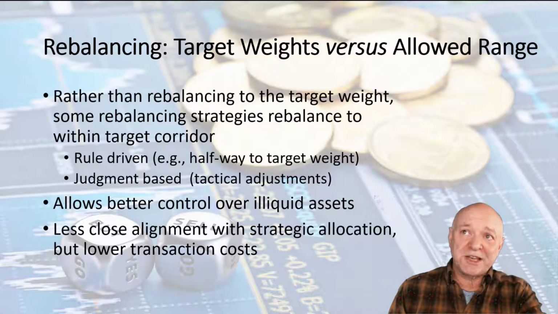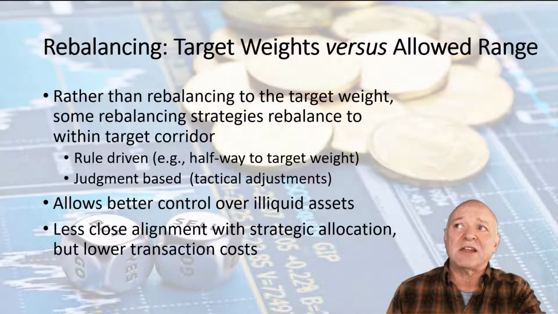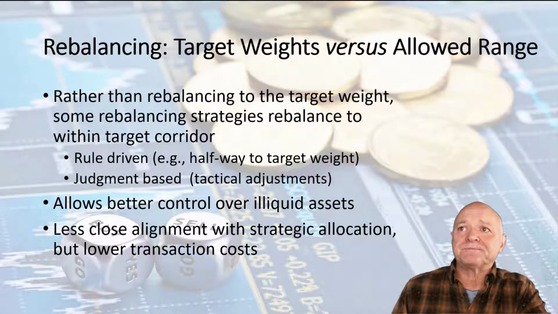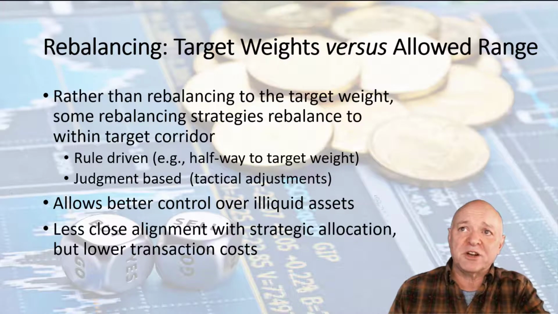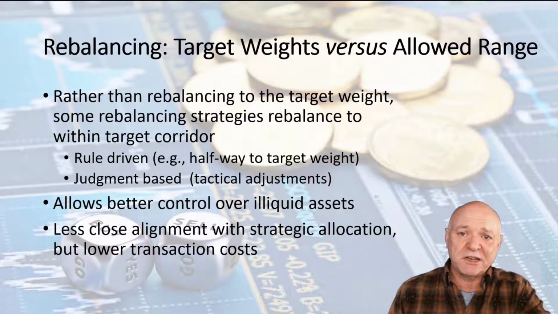We may also set target weights instead of having an allowed range. And rather than rebalancing to the weight, in this case, we'd rebalance within the target corridor. So perhaps every time we move using a rule-driven approach halfway to our target weight, that would be the time to consider selling or buying more of that asset class.